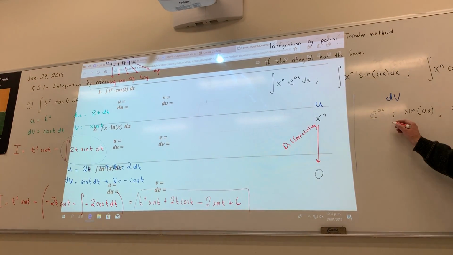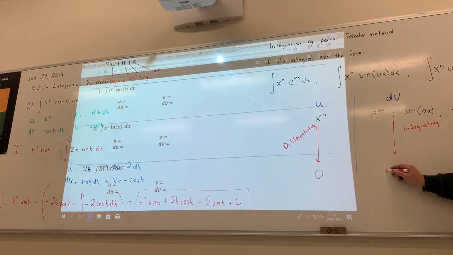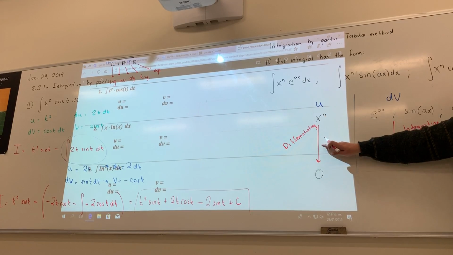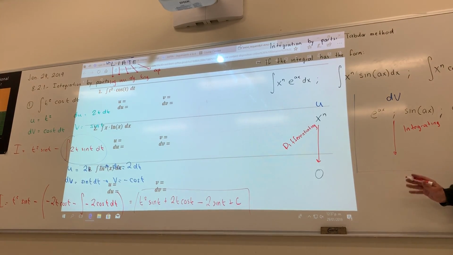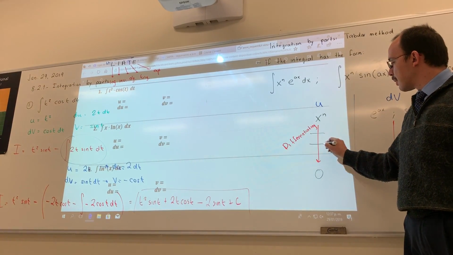And you're going to start integrating the other column until you obtain the same level as with the 0. That is, derivative until you obtain 0, and you're going to start integrating until you have the same level as with the 0.